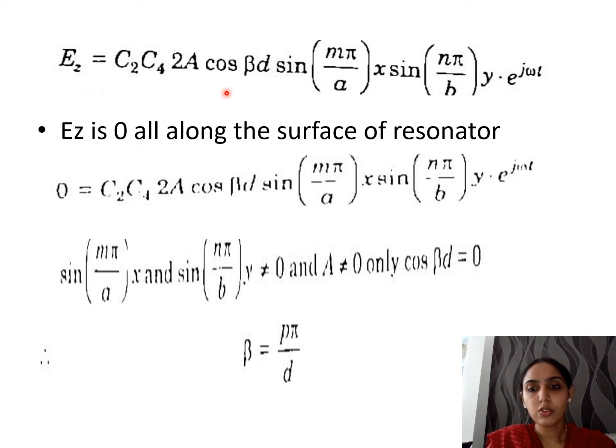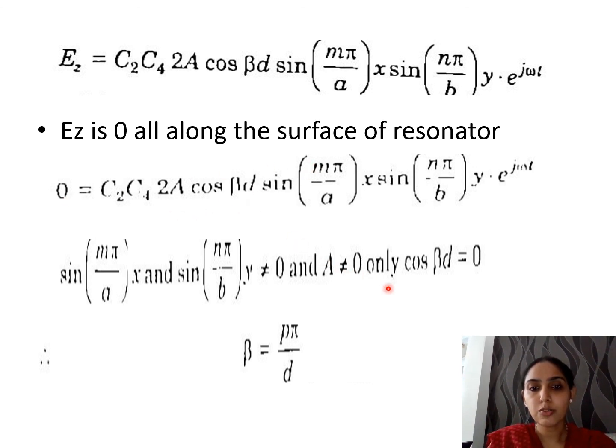Now again we know that we are having a single geometry where a TEM wave cannot simultaneously exist, and at the surface of the resonator the component factor of Ez will be all 0. So Ez is 0 all along the surface of the resonator. So at the surface, when we are substituting Ez is equal to 0, we get only what?